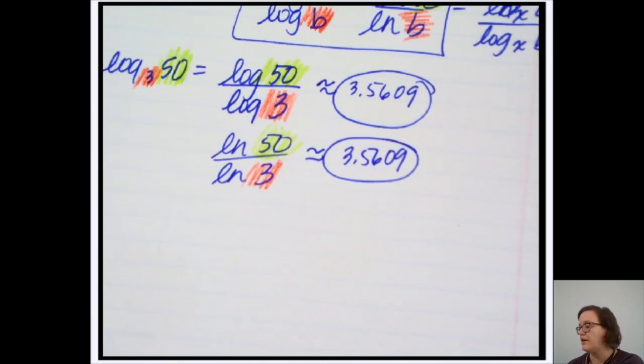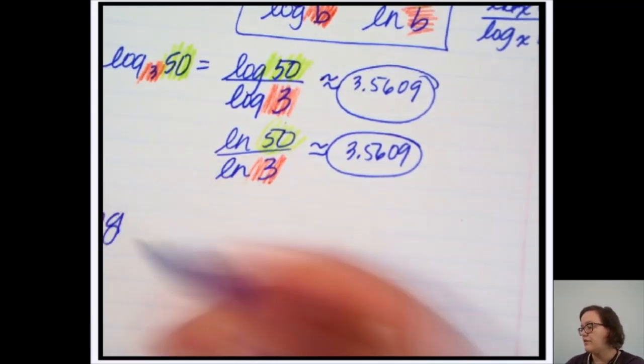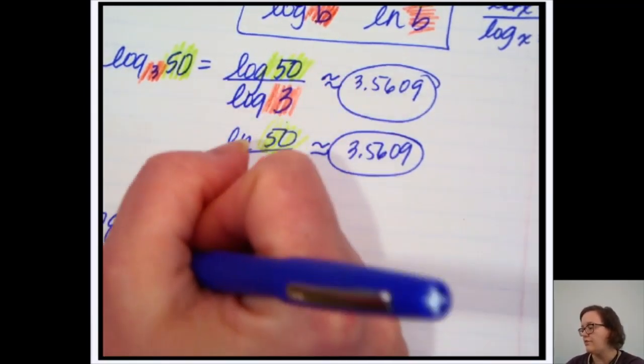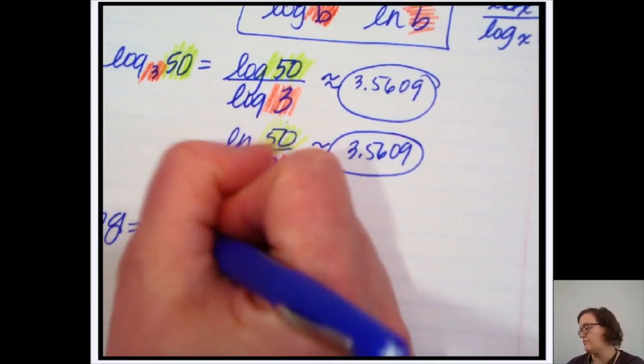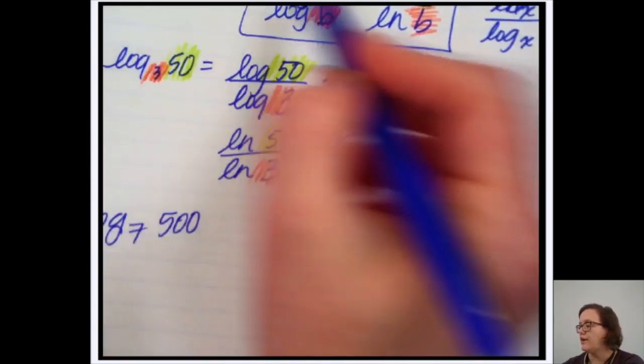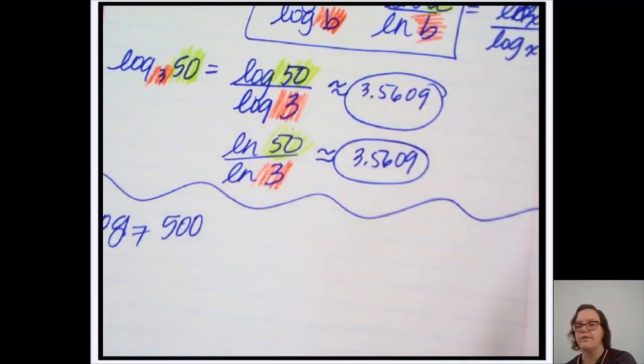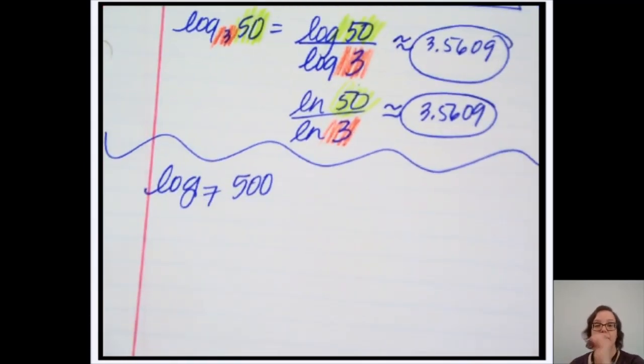Okay, let's try another one. Log base 7 of 500. If we look at our powers of 7 real quick, does 500 show up? No. What I do know is that 7 to the third is 343, and 7 to the fourth is 2,401.